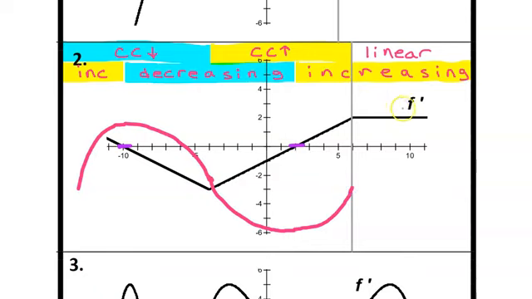In this last interval, function f should be increasing and linear. So this is special. A linear function means that there is a constant slope, and we can read that constant slope right off the graph of f prime. So in this interval, function f should have a slope of 2.